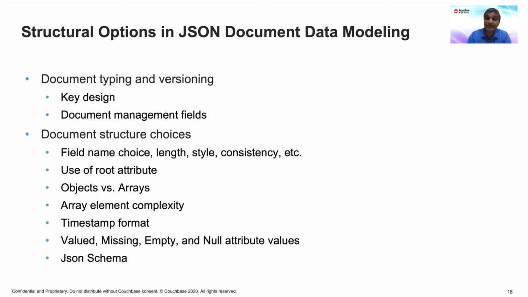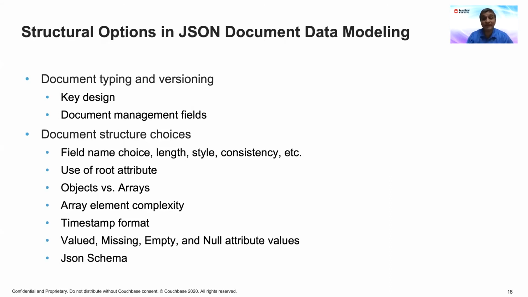So which means you can use key design, or you have document management fields. I'm going to talk about that in the coming slides. And various choices with the document structure itself, like the choice of the field name, the length, the consistency, the style, right? So the choice of using the root attribute versus the type parameter, the choice of objects versus arrays, right? What about array complexity?